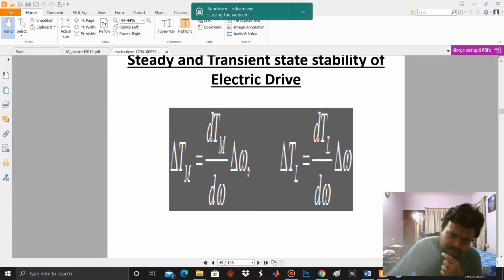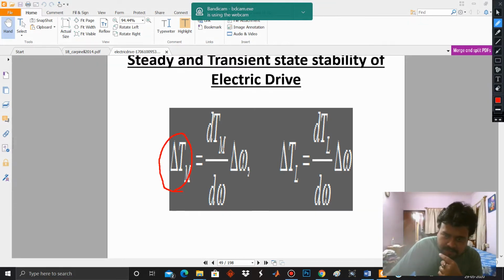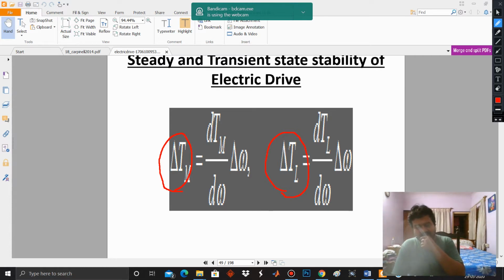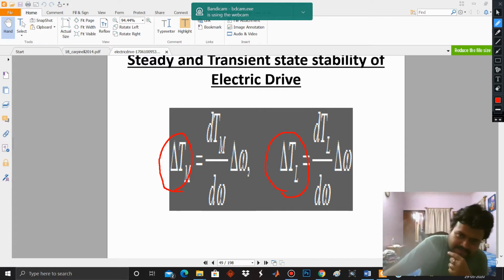So now this incremental motor torque, delta tau m, and this incremental load torque, delta tau l, we can write as delta tau m equals d tau m by d omega into delta omega, or delta tau l is equal to d tau l by d omega into delta omega. This is applicable if the change is incremental.